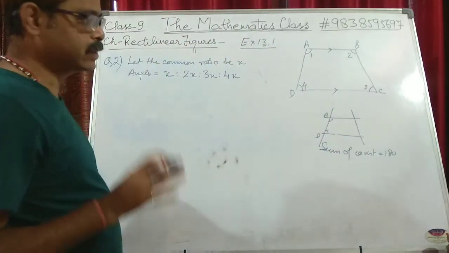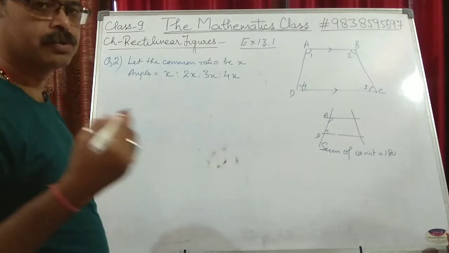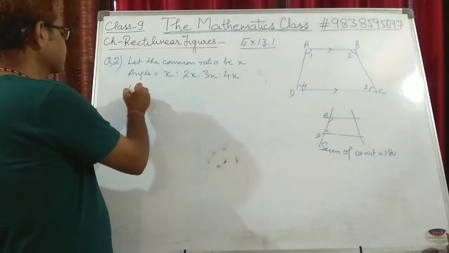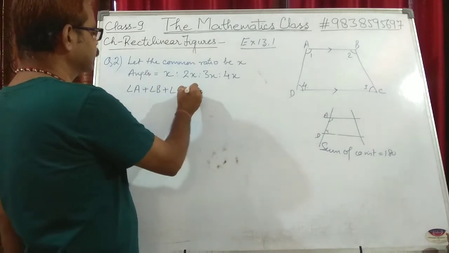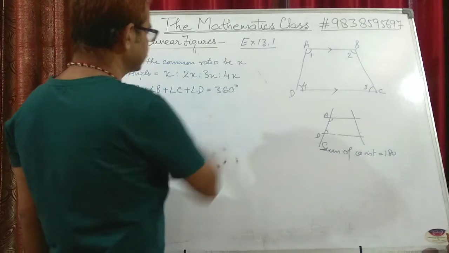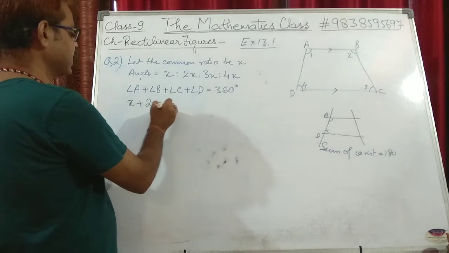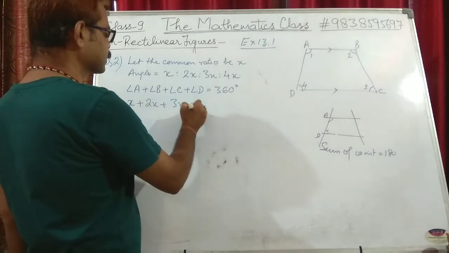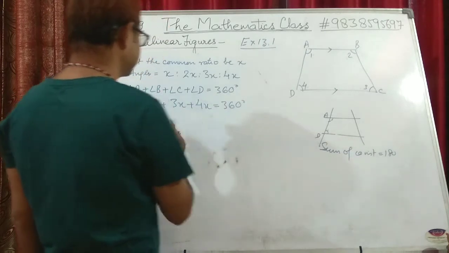Now since this is a quadrilateral, we know that the sum of all the angles of a quadrilateral is equal to 360 degrees. It means angle A plus angle B plus angle C plus angle D is equal to 360 degrees. So angle A is x, B is 2x, C is 3x, D is 4x, equal to 360 degrees.